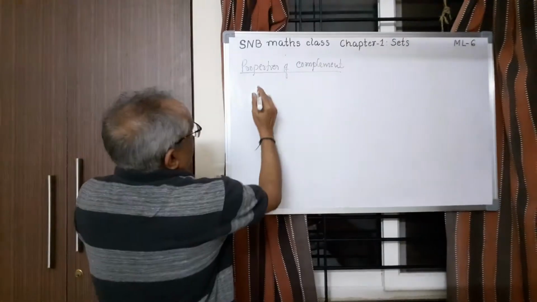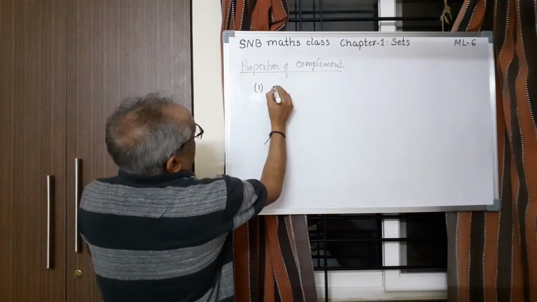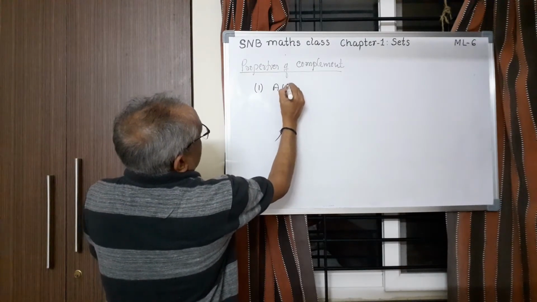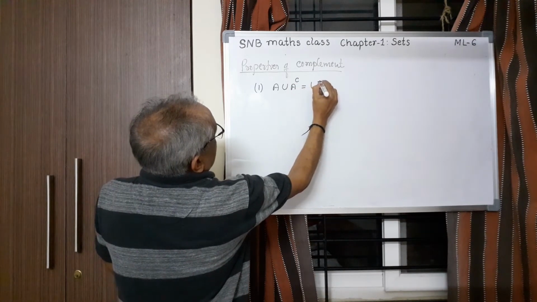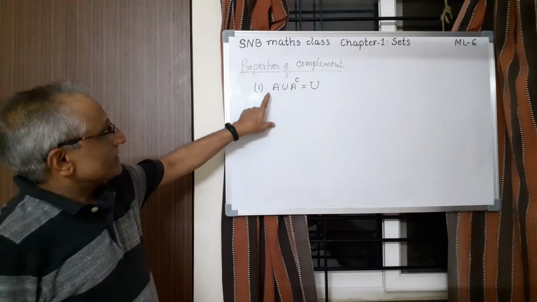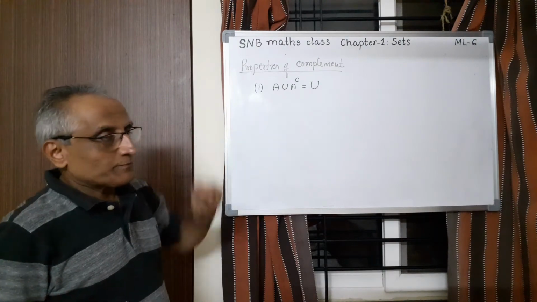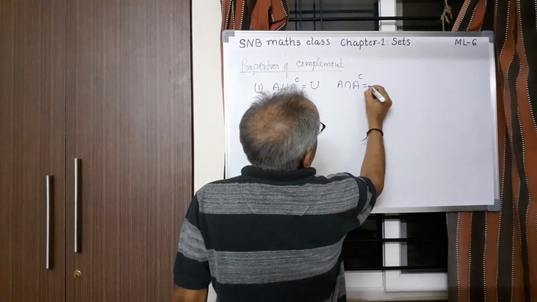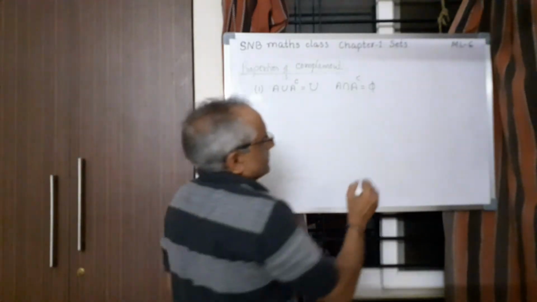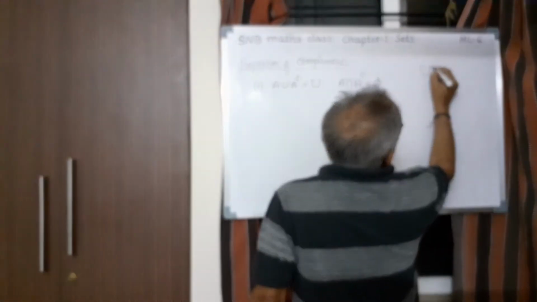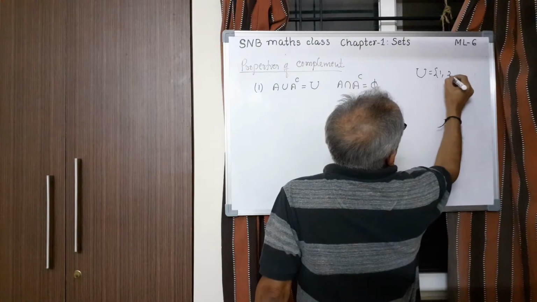So the first property is this: A union A complement is U, and A intersection A complement is phi. It is very clear. Say for example, U equal to say {1, 2, 3}.